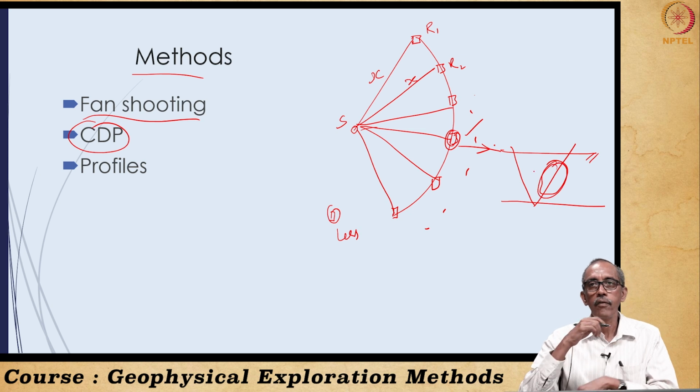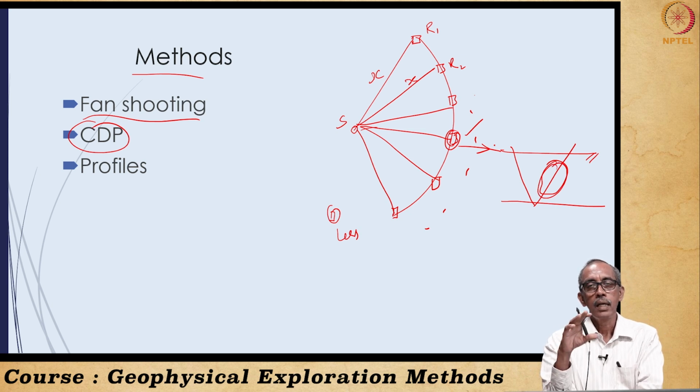The velocity difference due to the presence of some different formation within the first layer will also affect the signals. So fan shooting helps to identify such bodies.